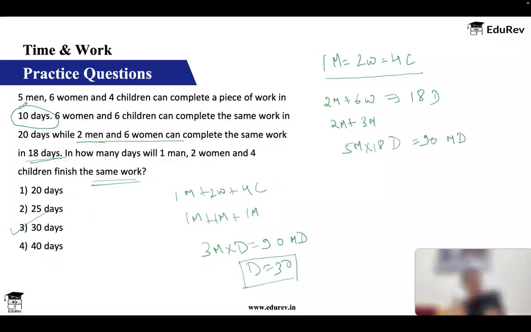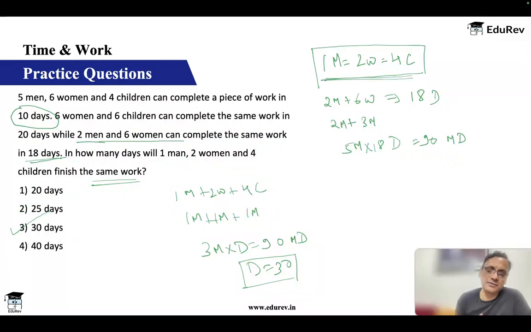So 50 men, 60 women, 40 children can finish in 1 day. Similarly, the second time I increase my team to 20x, third time I increase the team to 18x. They all finish the work in 1 day. And since they are finishing the same work in the same time, my manpower is same. And then we equated, we got the ratio. And then you solve it the way we solved the previous question, right? So that's how this question has to be done.